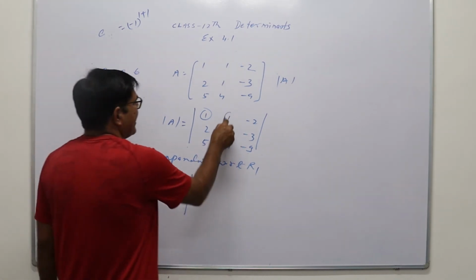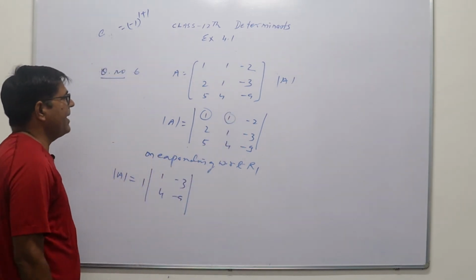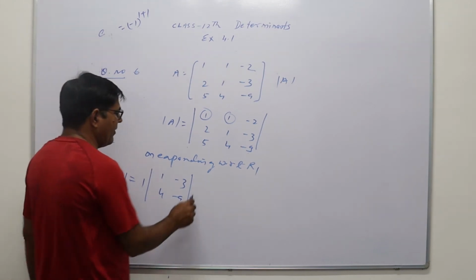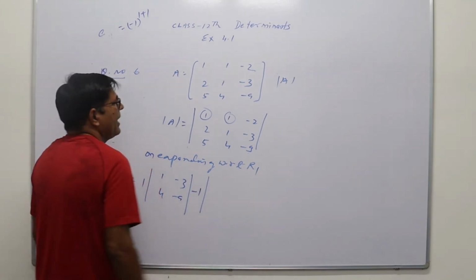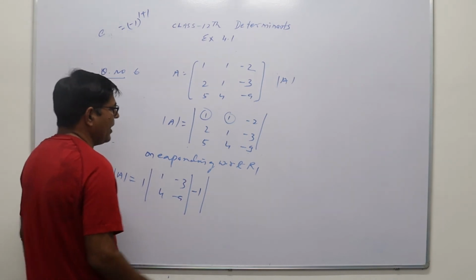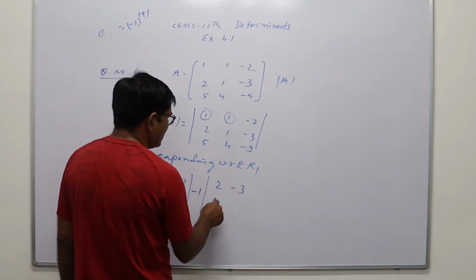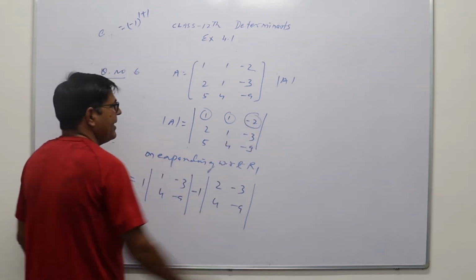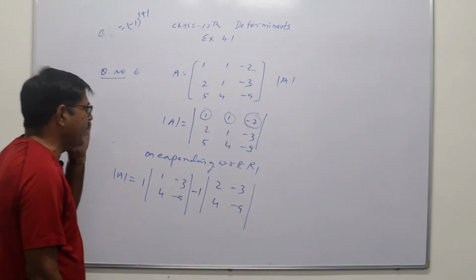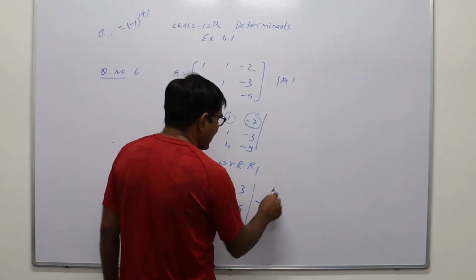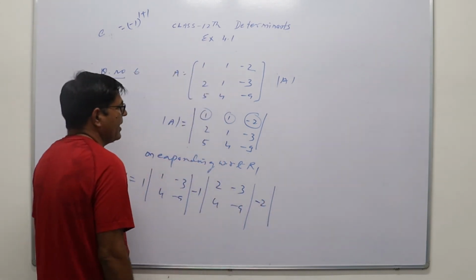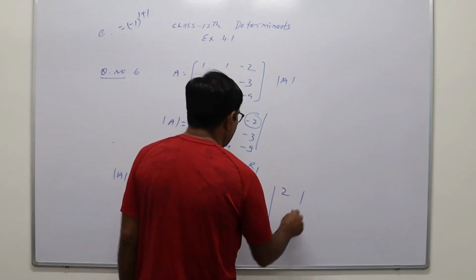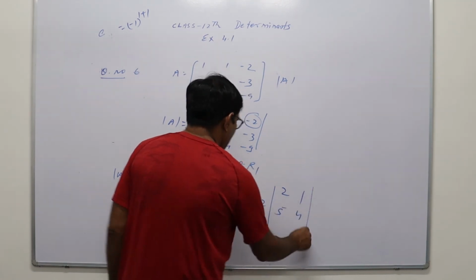Then the second element is plus 1, but its position is odd, so its sign will be changed, so minus 1. Now leave the first row and second column, so the remaining elements are 2 -3, 5 -9. Then for this element, its position is even, so it will be as it is, minus 2. Now leave the first row and third column, so the remaining elements are 2, 1, 5, 4.